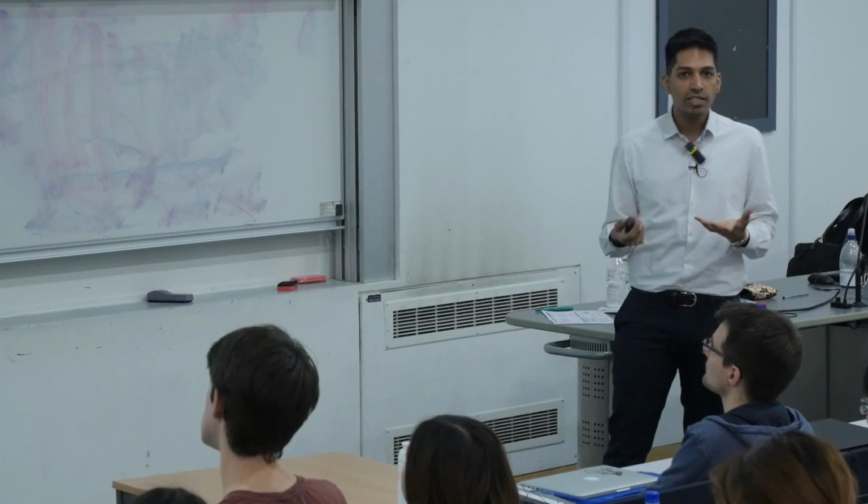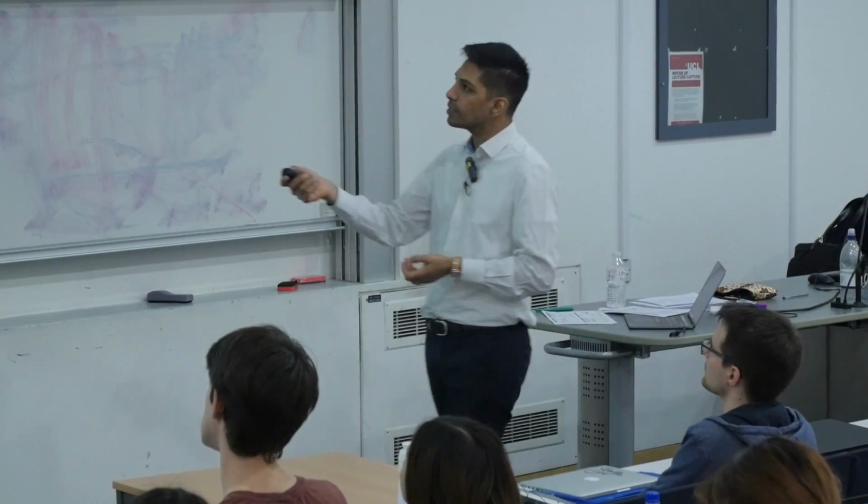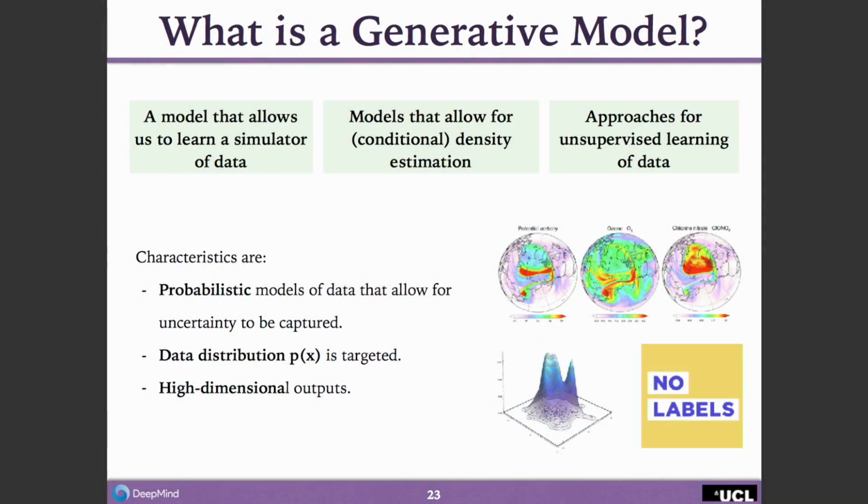But a generative model can mean various different things. Many people will refer to a generative model by this word, to generate. So a model that allows us to learn a simulator of data. In that case, you can simulate, you can generate, and a model that lets you do that is a generative model. For some other people, you will talk about a model for density estimation, and that will be a generative model.